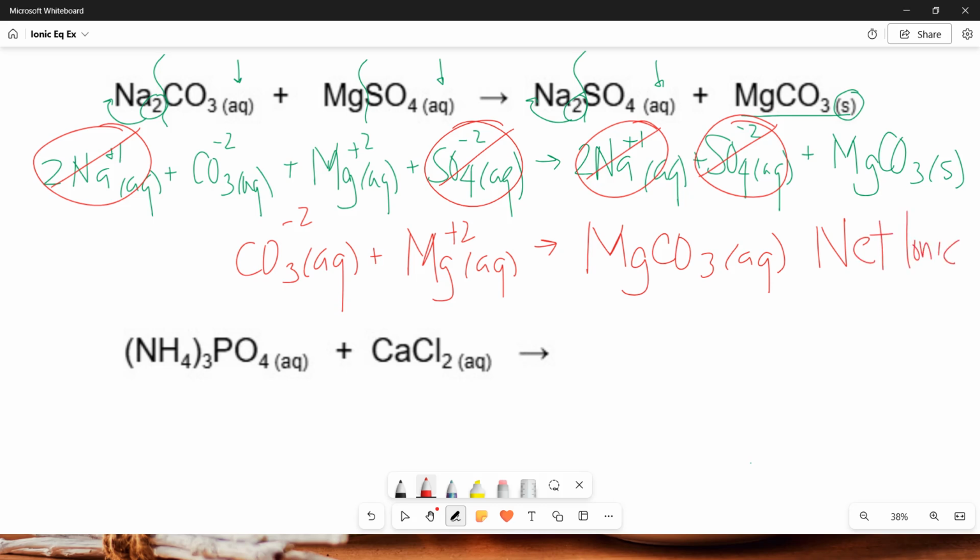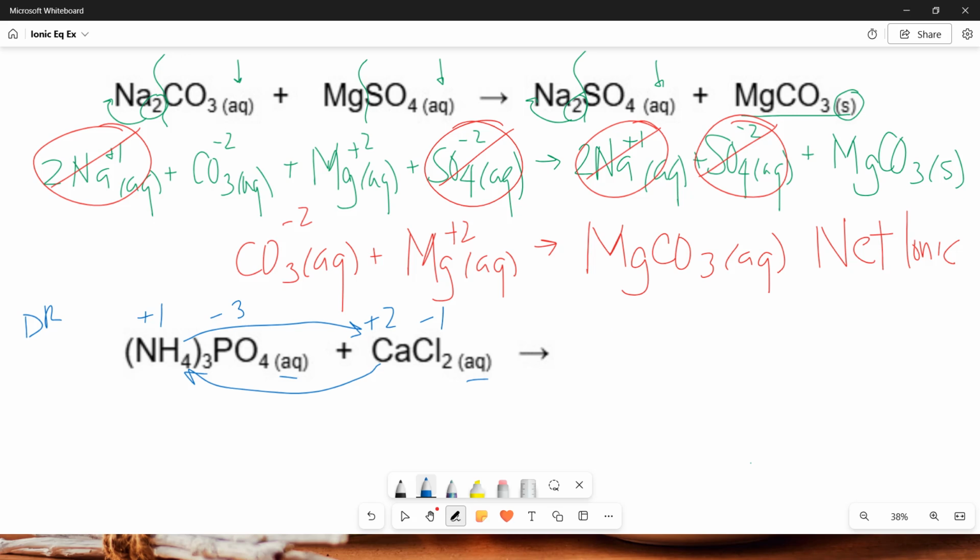Let's look at the next example. In the next example, we have to first predict it. We have 2 aqueous solutions. I'm just going to put the charges of these polyatomic ions and cations and anions down. This is a double replacement reaction, and what's going to happen is the ammonium, which is a positive, is going to replace with the calcium.